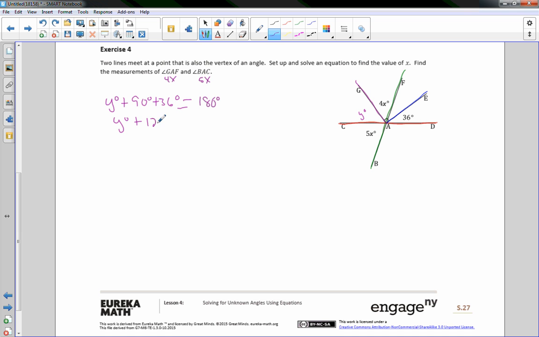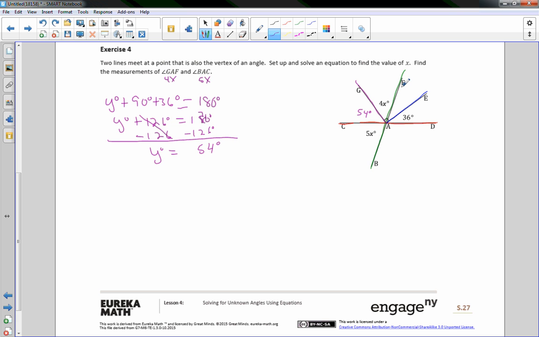Combine like terms. 90 plus 36 is 126 degrees. Subtract 126 degrees from both sides. And this cancels, and I get y degrees equals 54 degrees. Okay, so I'm going to take this y away now, and I'm going to call it 54 degrees. Okay, now it comes into focus.